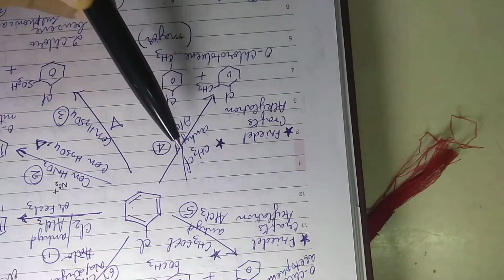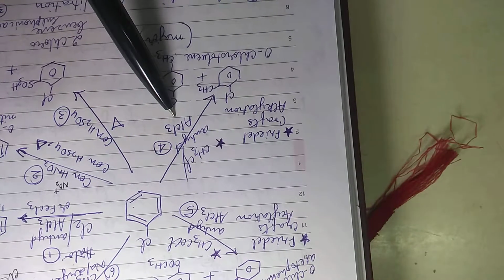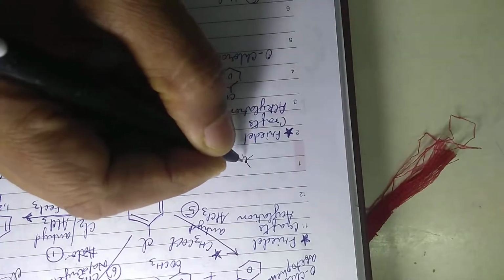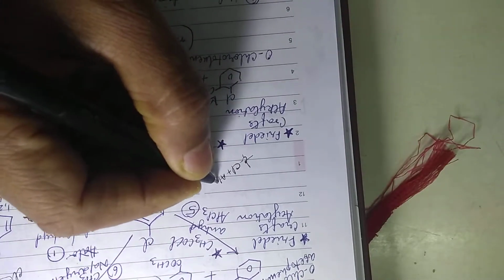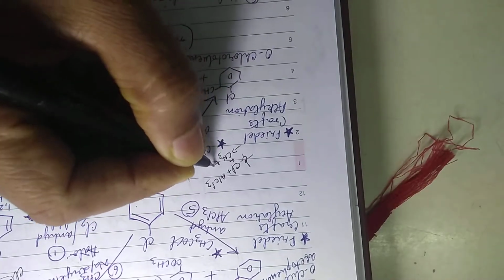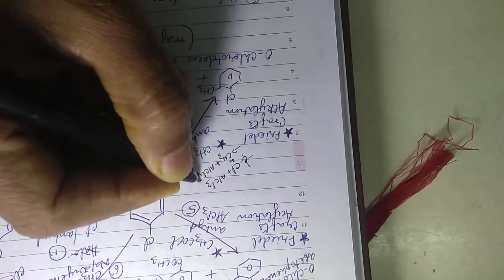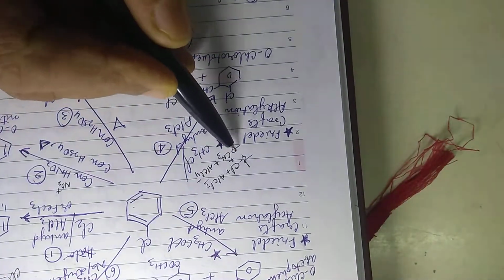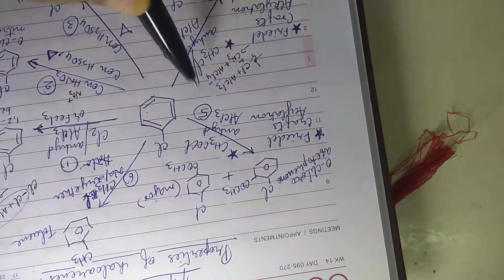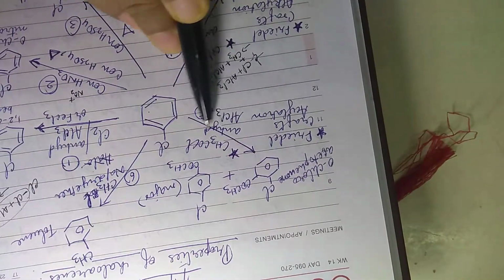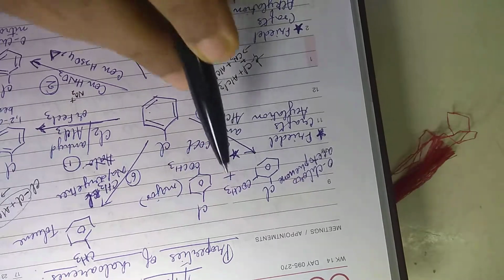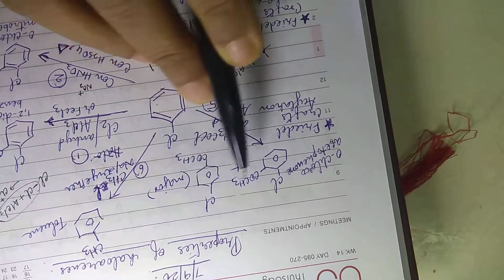Now here again, CH3Cl plus AlCl3 will give rise to CH3 positive plus AlCl4 negative. So CH3 positive is the electrophile in this reaction. Same way, Friedel-Crafts acylation, where CH3CO positive is the electrophile. You will get the corresponding ortho and para product.